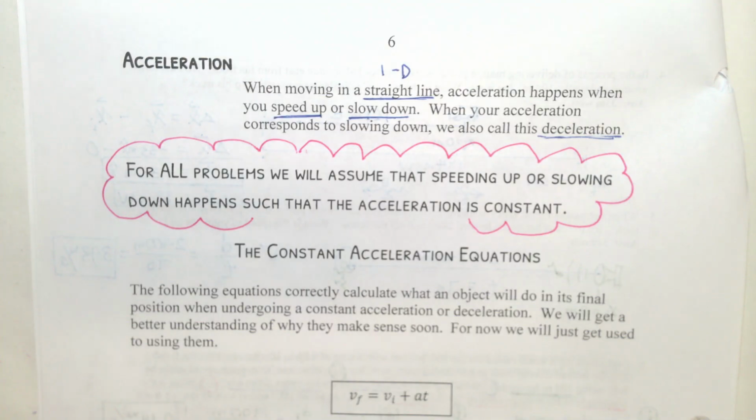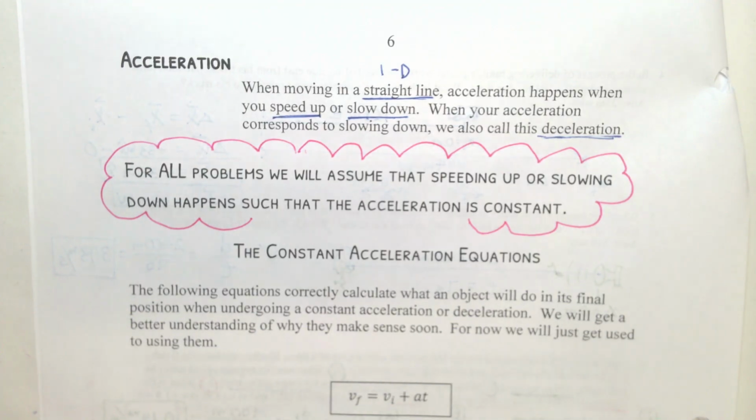And that is a mathematical term. When a motion is very jerky, that means it had a change in acceleration. In this case, we don't have any jerky motion. We only have smooth acceleration, and that is the constant acceleration.